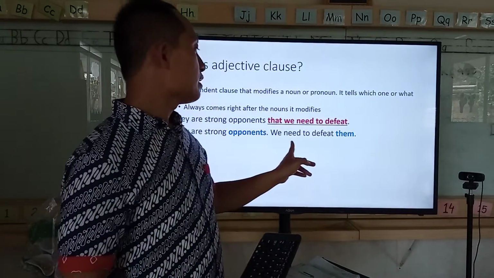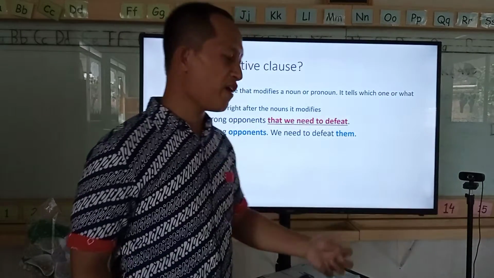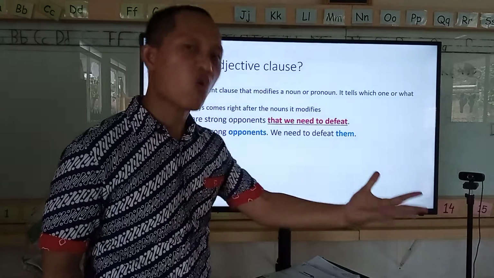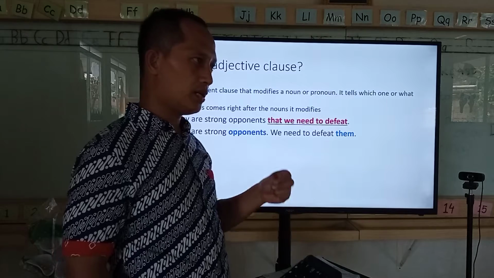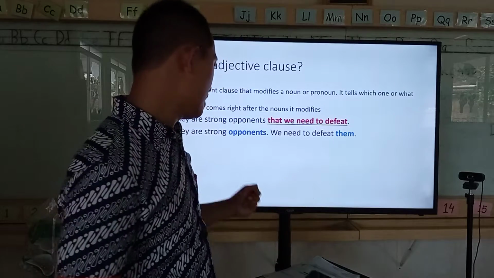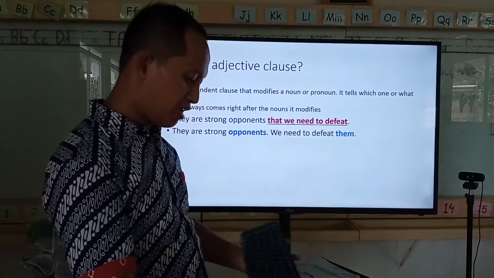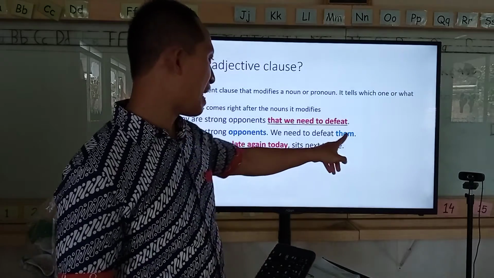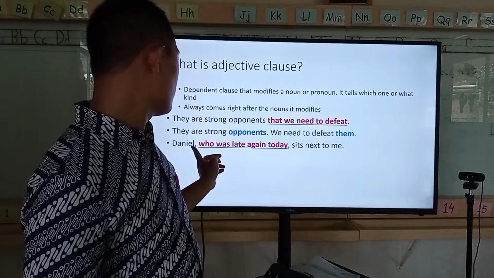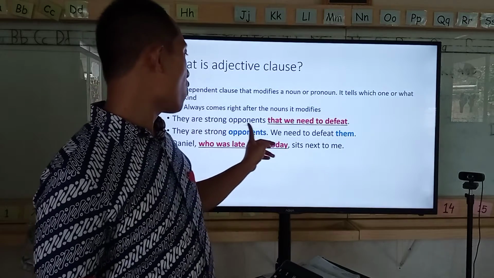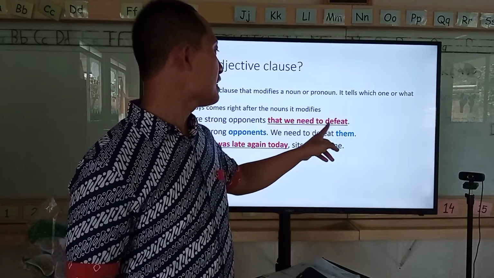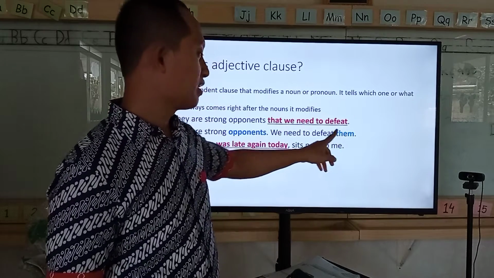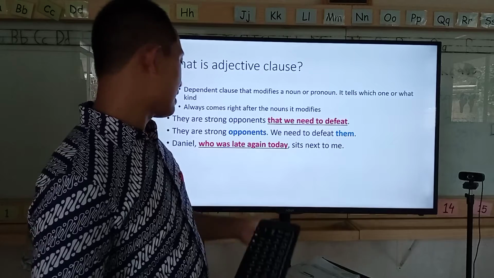So the groups that we want to defeat, we consider them as the strong opponents that we need to take care of. So we combine them into: they are strong opponents that we need to defeat.